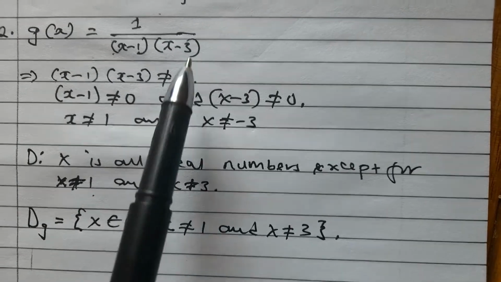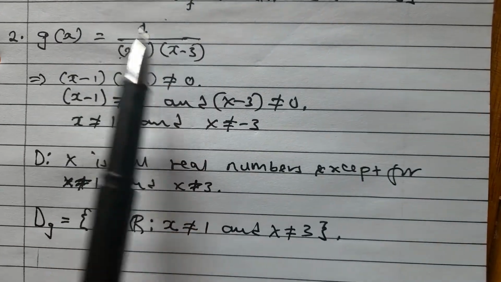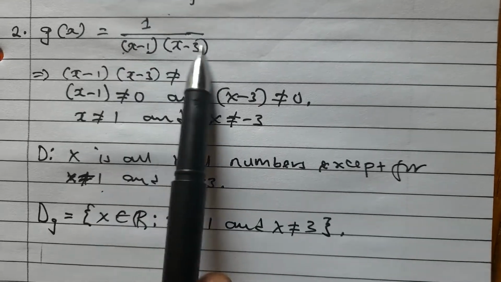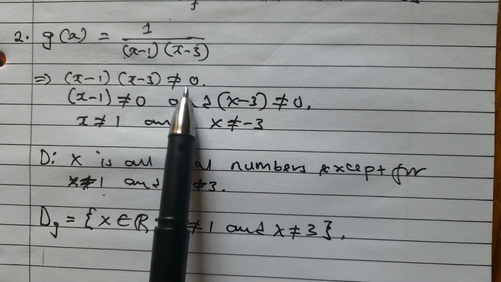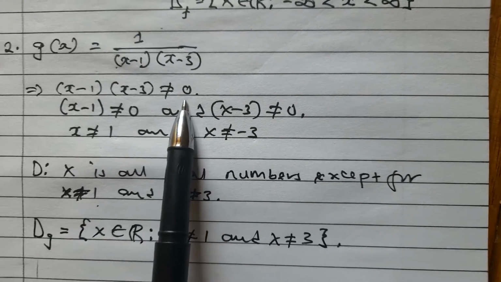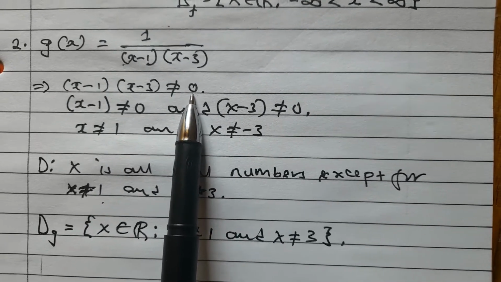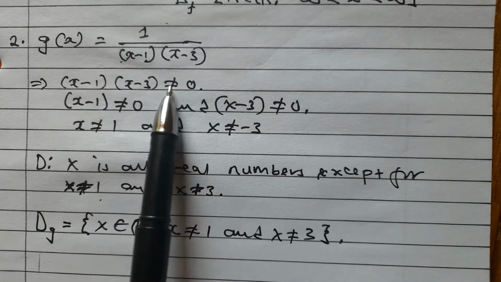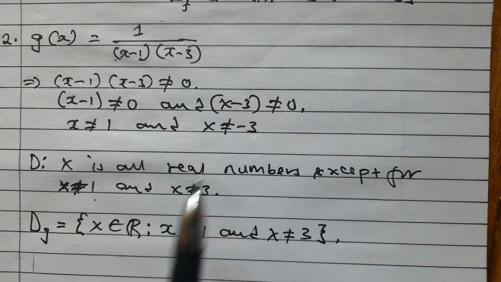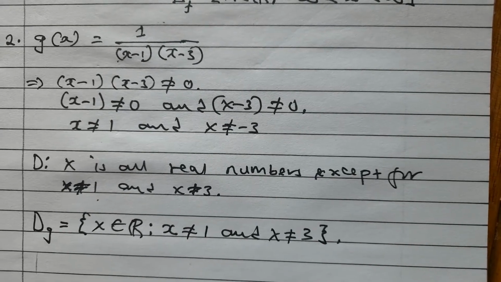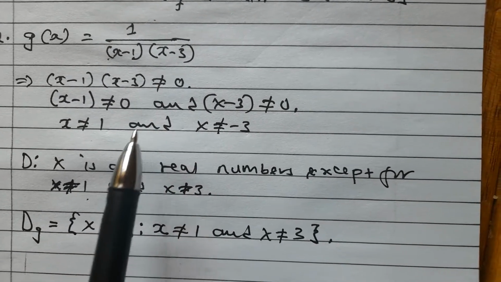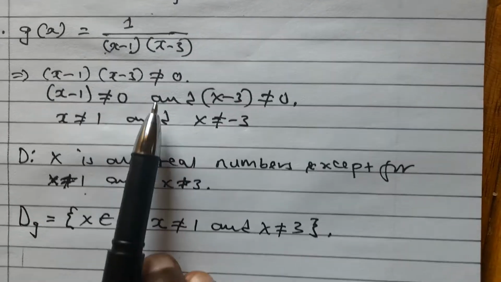So very important, when it comes to a rational function, the function is defined except when the denominator is equal to 0. In order for our function to be defined, the denominator should not be equal to 0. We determine those points that give zeros in the denominator, such that we can exclude them from the domain.